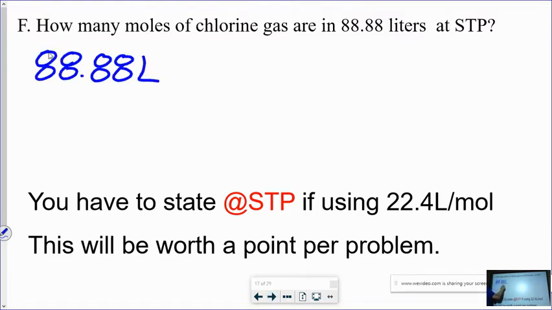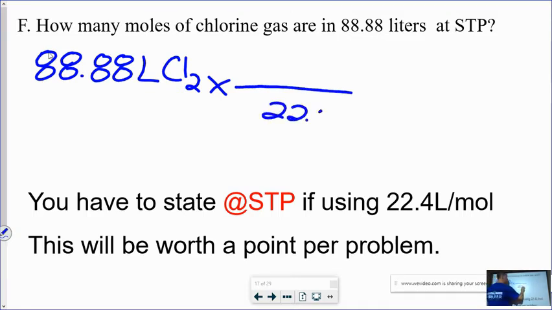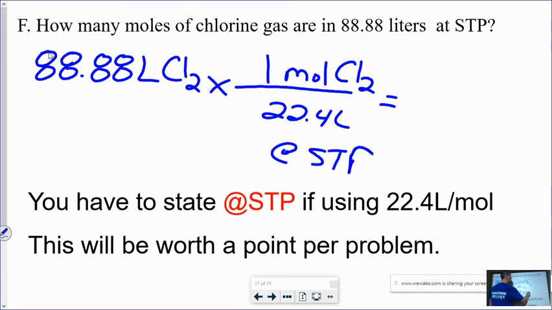88.88 liters of chlorine. So that's chlorine gas. And we are at STP. So we got liters there, and we can go 22.4 liters is 1 mole of Cl2. And we write at STP because it tells us the conditions we are in the problem.